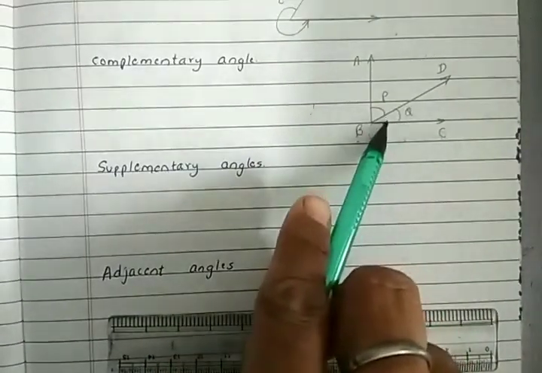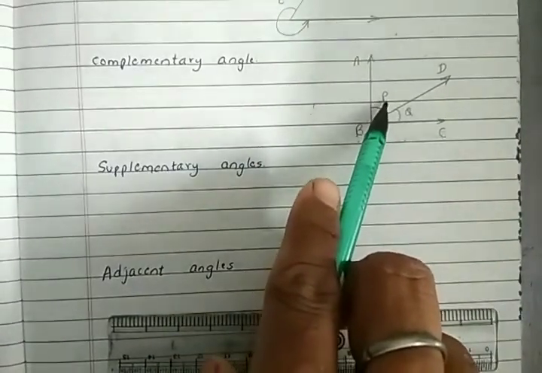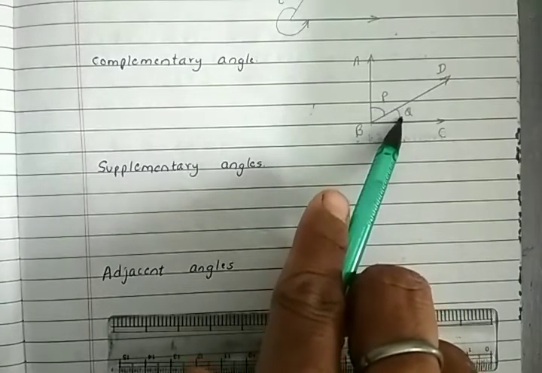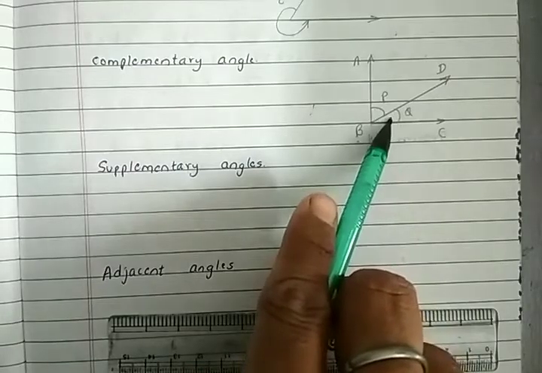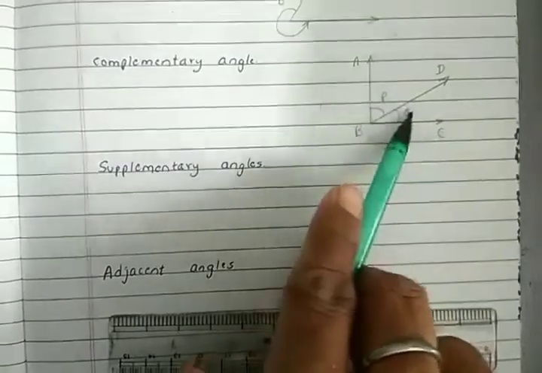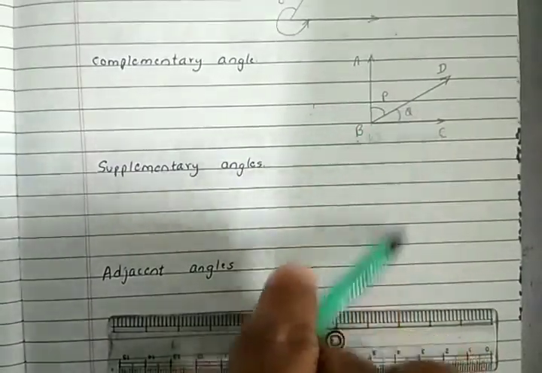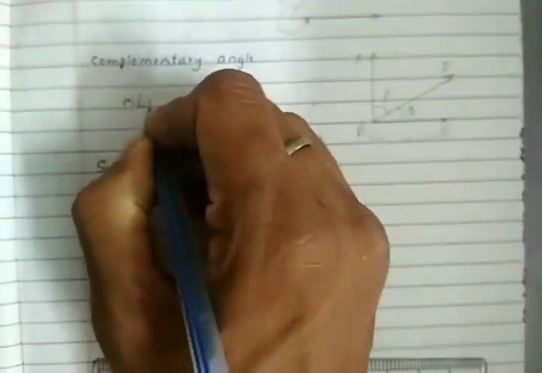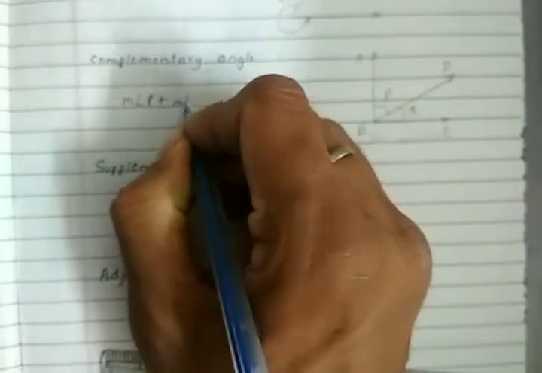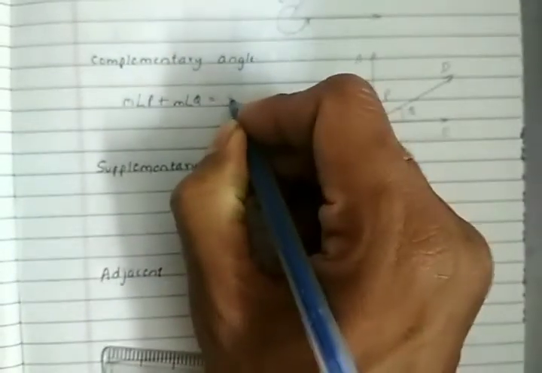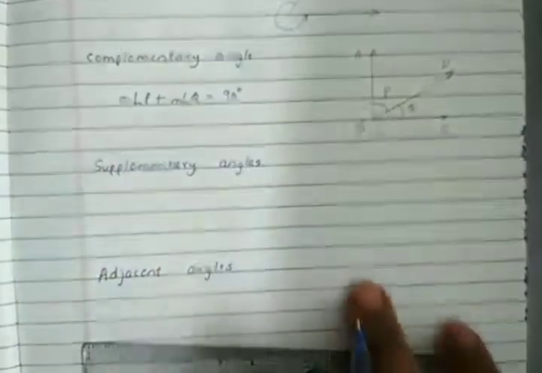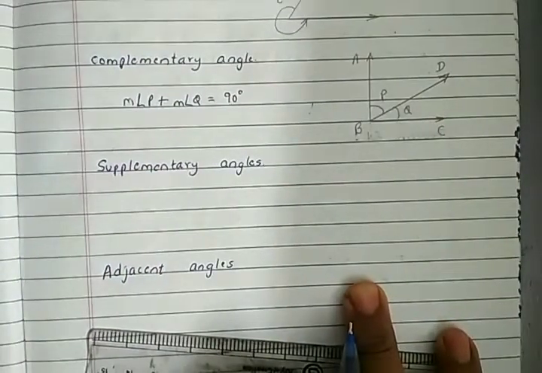Here the sum of angle P and angle Q will be 90 degrees, then these both are called complementary angles. Here I will write it down: measure angle P plus measure angle Q equals 90 degrees, then they are called complementary angles.